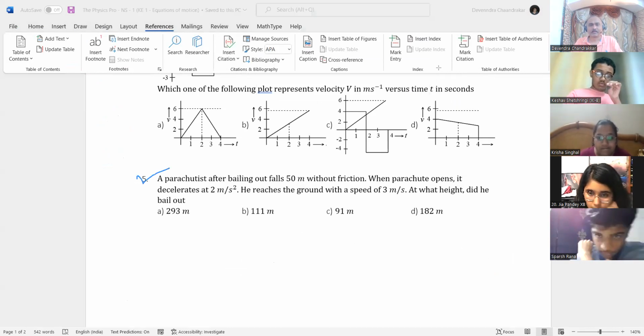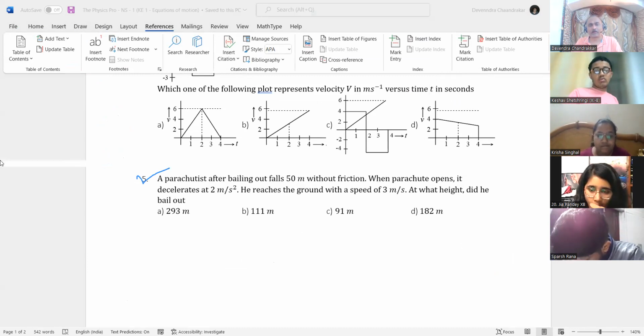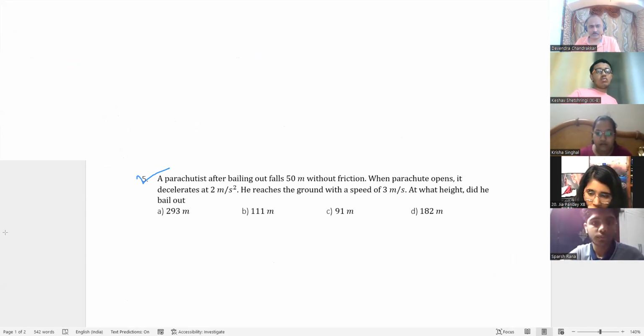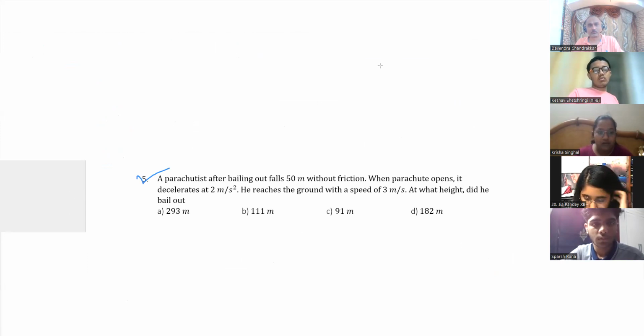It says, a parachutist after bailing out falls 50 meters without friction. Now see what we need to do. A parachutist after bailing out. So this is the man who is falling down, right?